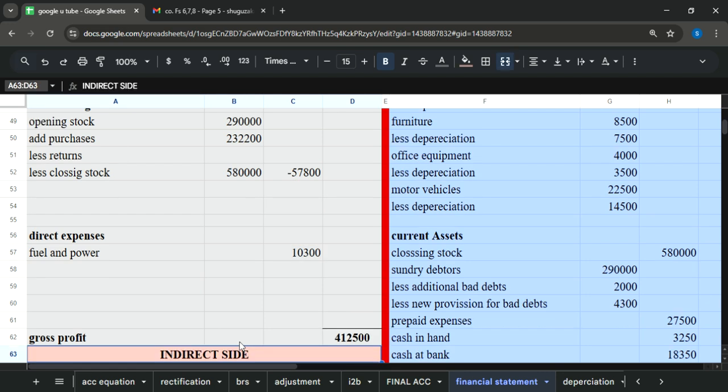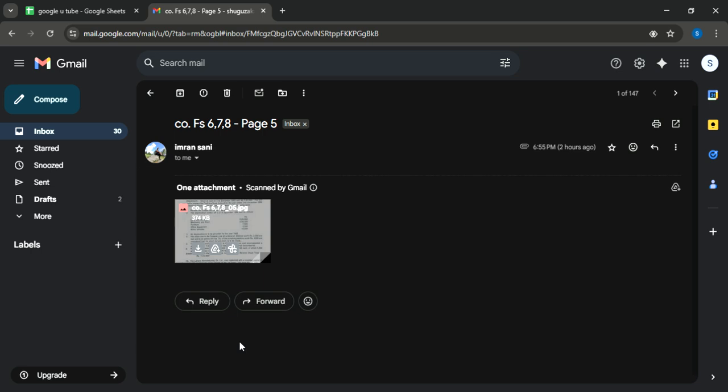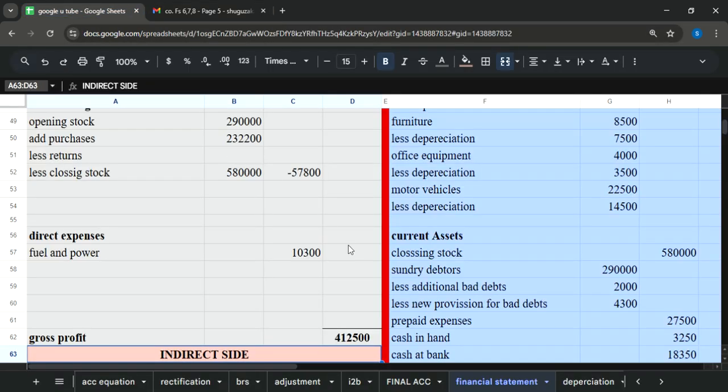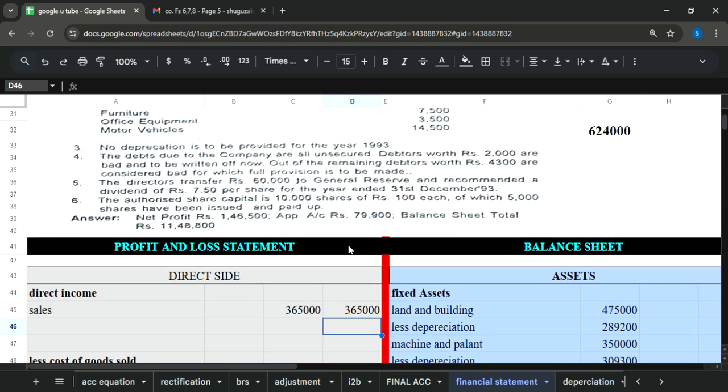We have got 4,12,500, and bad luck, gross profit is not given.